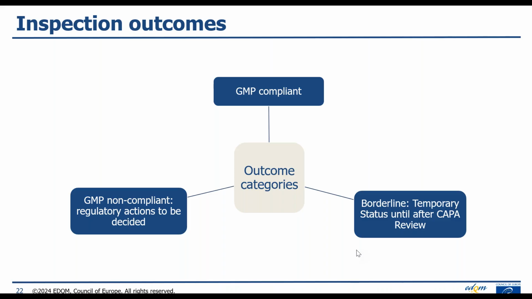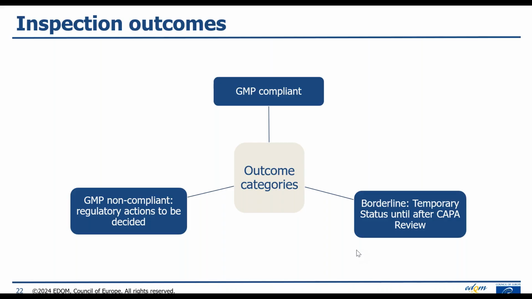So I guess these are sites where there are quite a number of significant deficiencies, and I suppose it's on the edge of GMP compliant or non-compliant. So we would give the site an opportunity to submit a CAPA, and if that was considered acceptable, the final outcome would turn to GMP compliant.